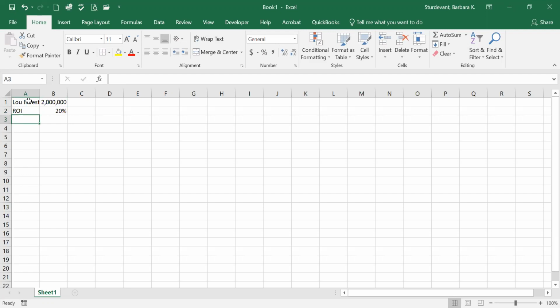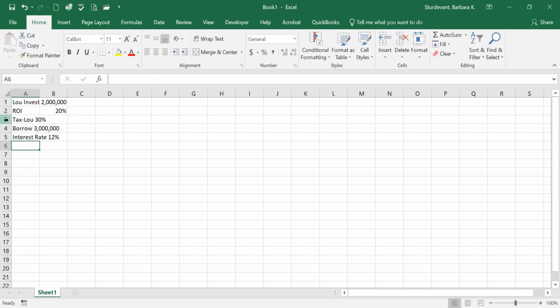He has a tax rate, this is Lou's tax rate, of 30%. And we're going to borrow $3 million, and it has an interest rate of 12%.